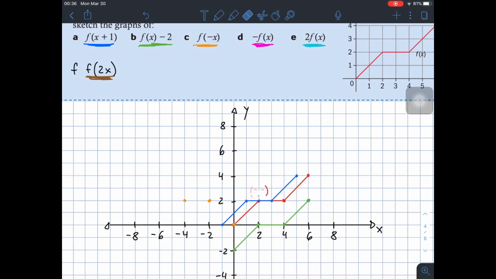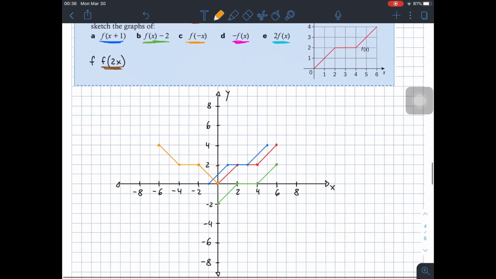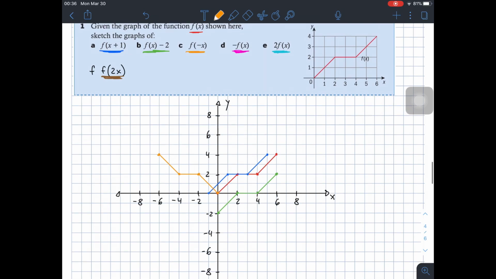So finally, for the last point, which has coordinates 6 and 4, this would be at negative 6 and 4. It'll be here. So you see that we get the same graph. It has the same shape, but it is reflected with respect to the y-axis, okay? The y-axis acts like a mirror in this case. So that's f of minus x.